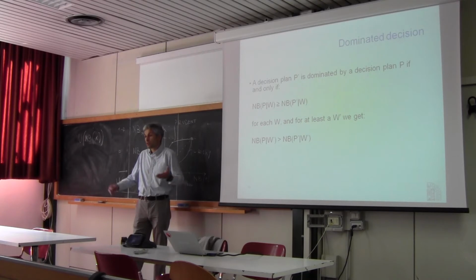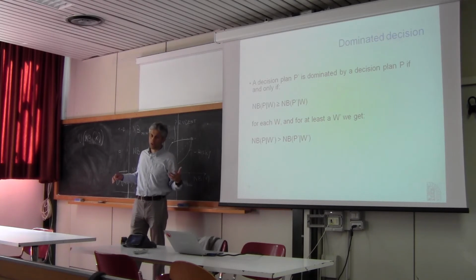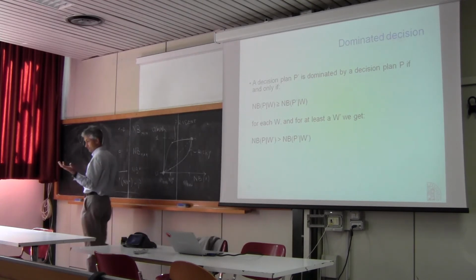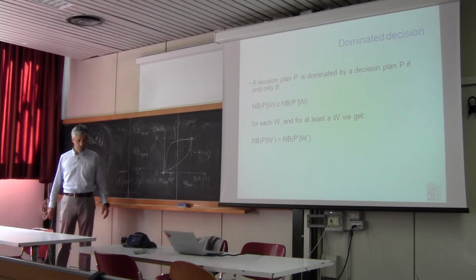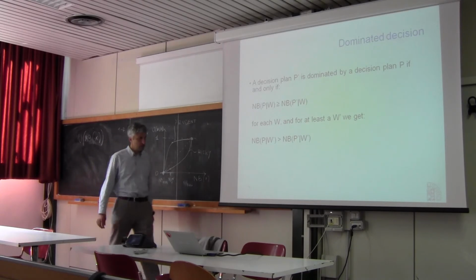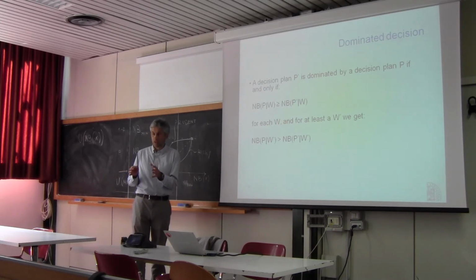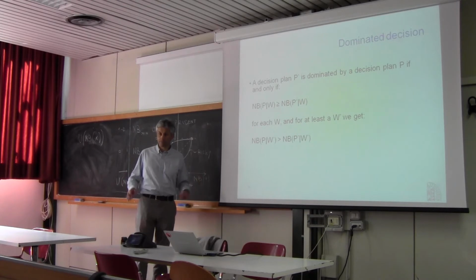Why should you stick on P prime anymore if it doesn't give you any greater benefit, and in some cases leads to lower benefits. This is important because you can reduce the range of the decisions to analyze.